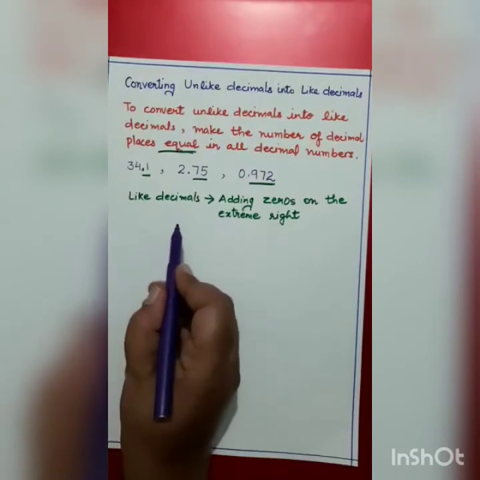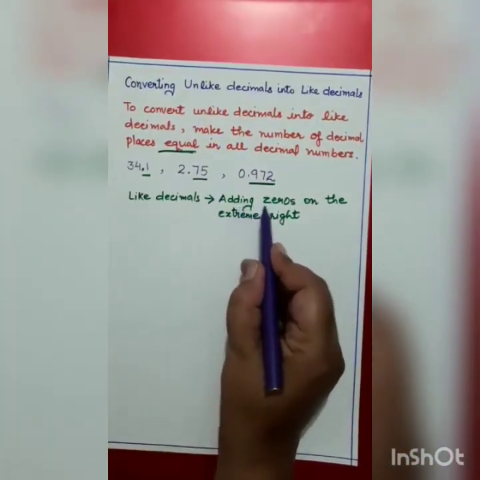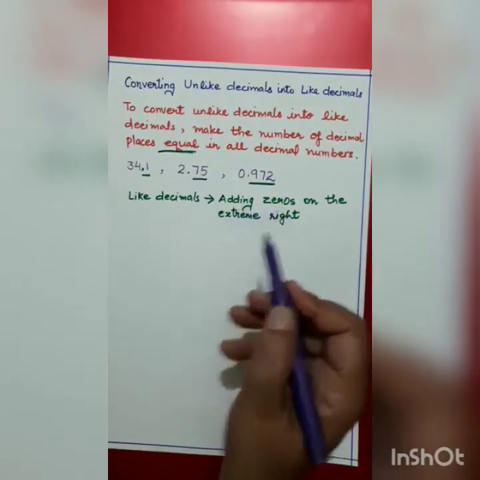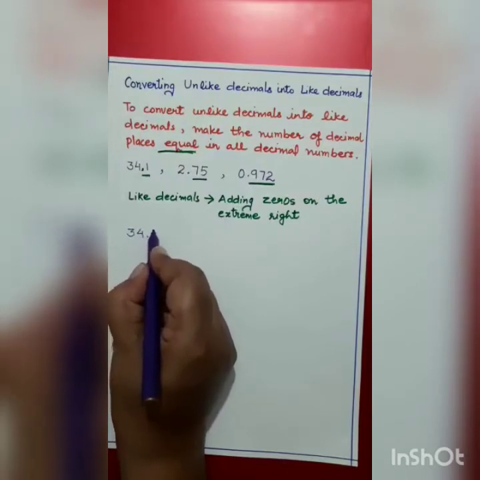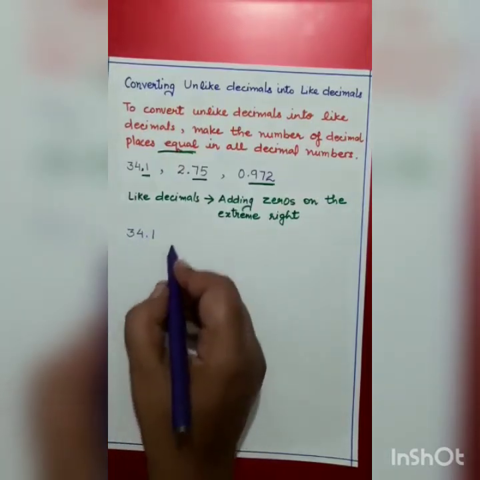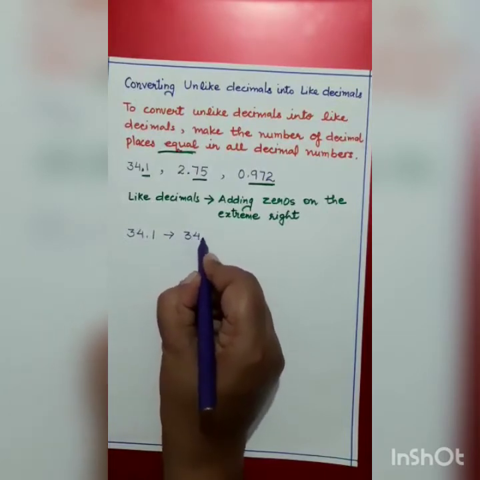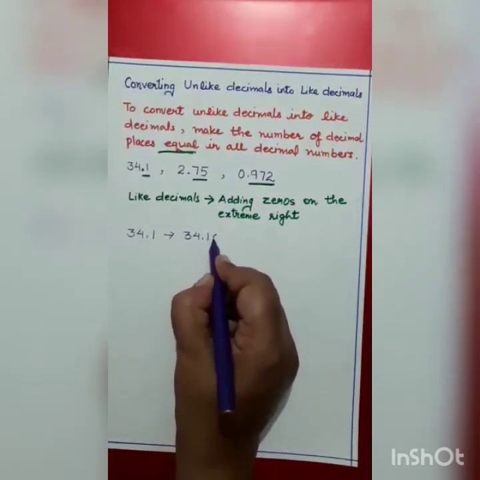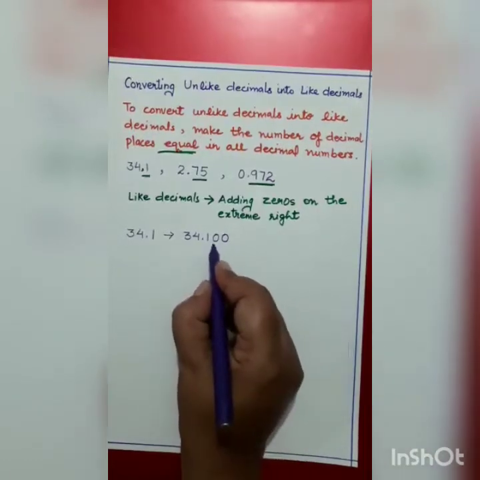To make like decimals, what we have to do is to add zeros on the extreme right. Here in 34.1, we can add zeros at the extreme right.